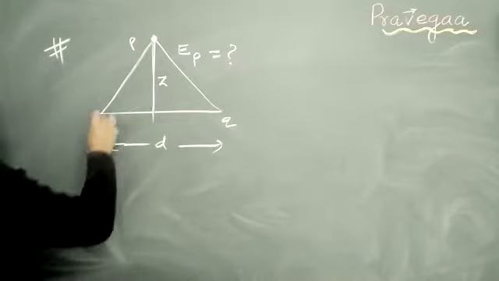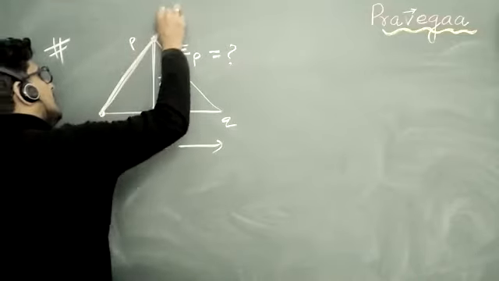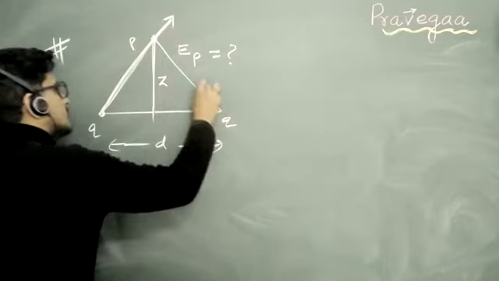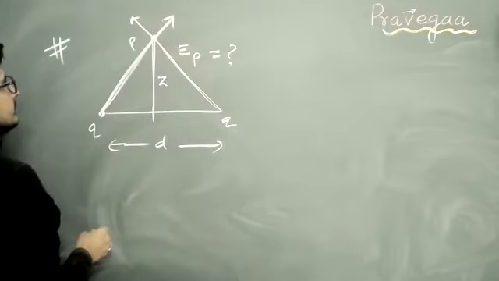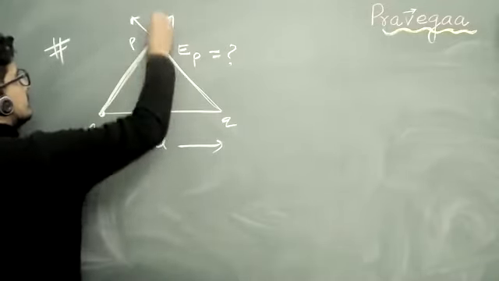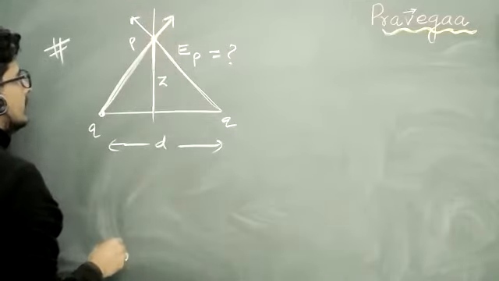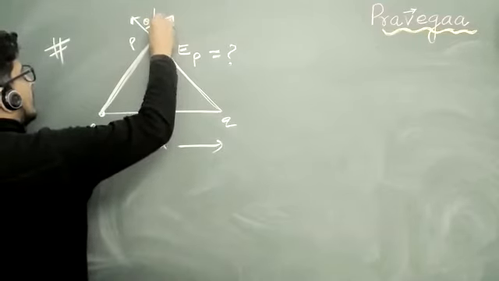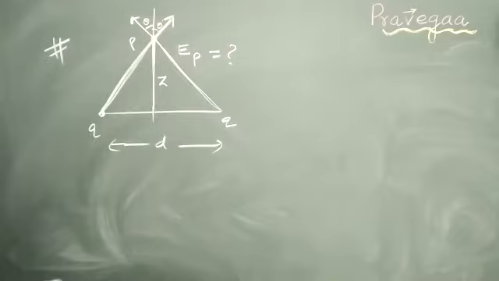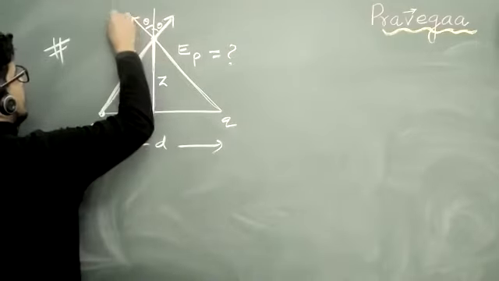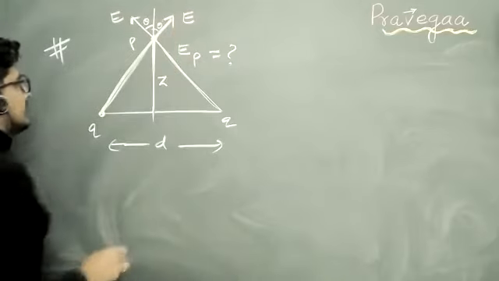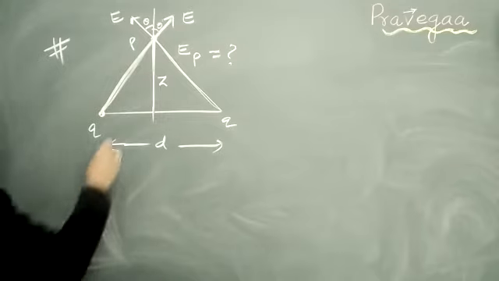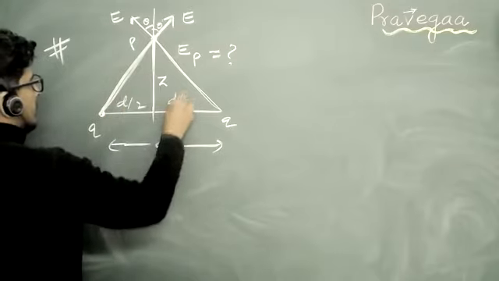Yes. Because of this Q charge, the field will be in this direction. And because of this Q charge, the field will be in this direction. If I take this as theta, Puneet, don't say sin is coming, cos is coming. These fields are the same, E and E. Can I say that the field due to this charge and the field due to this charge is the same? Yes or no? Yes, sir. D by 2, D by 2.